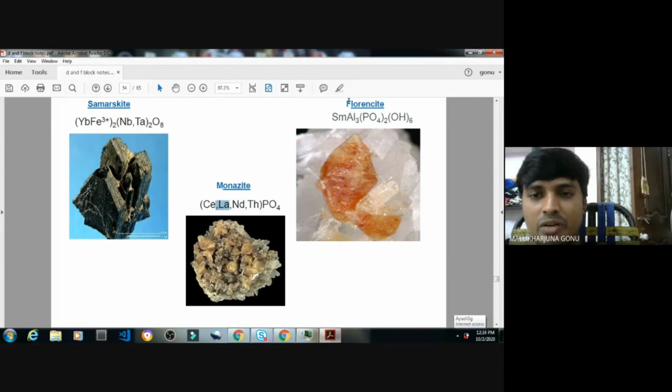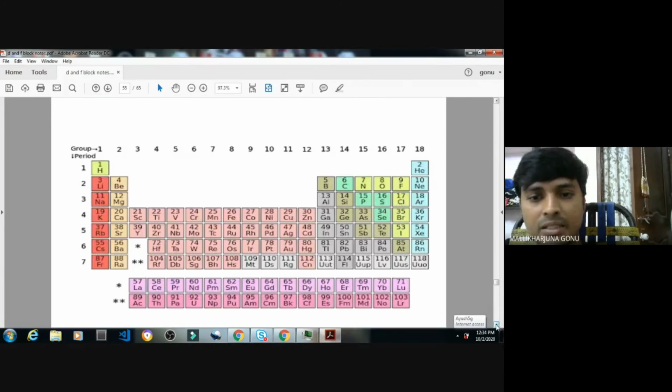These are present as a mixture of elements in the ore. Many are there. These are not a compound. This is ore composition. You can purify cerium from this, you can get lanthanum, you can get neodymium. Different elements you get. Then fluorescite. In the fluorescite, which f block element is there, Rohini? Sm, very good. That is called samarium. So these are the ores of those particular elements.